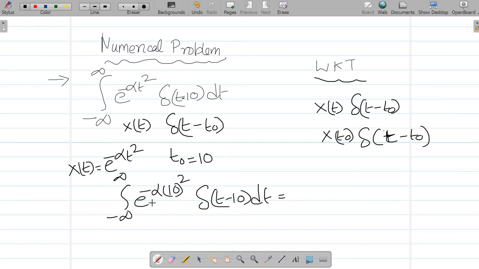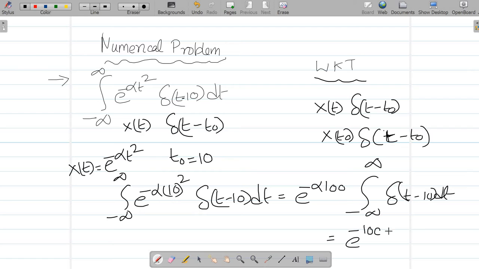Now this term becomes a constant, so I can take it out of the integration, and we know that the remaining integral gets evaluated to 1. So the answer is e to the power of minus 100 alpha. This is the answer.